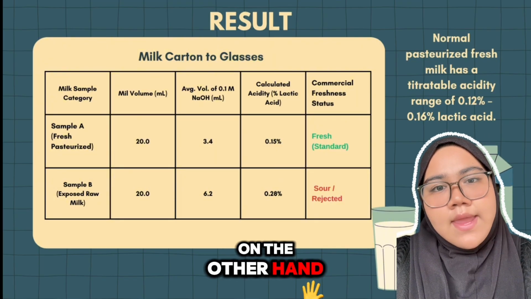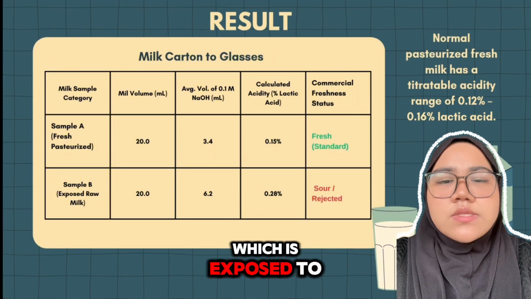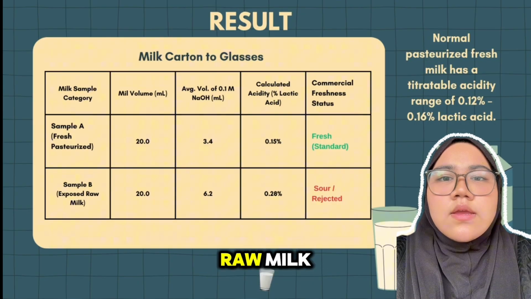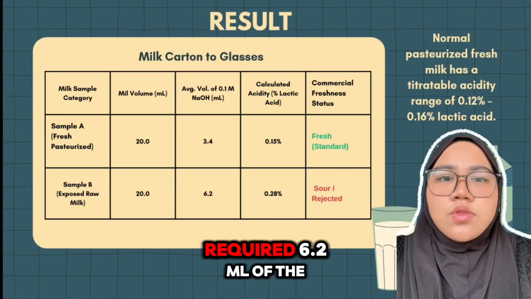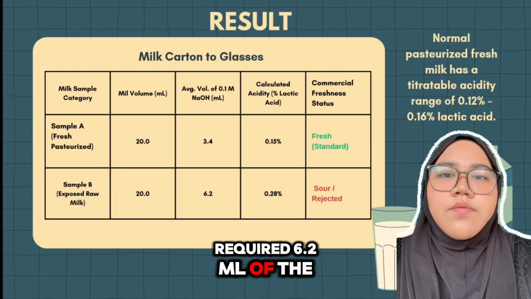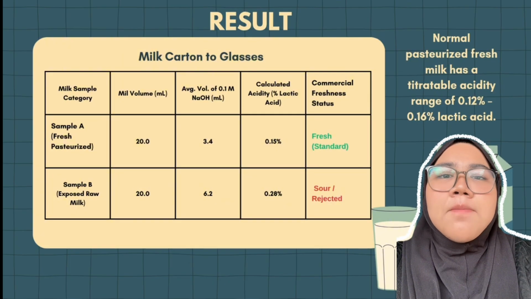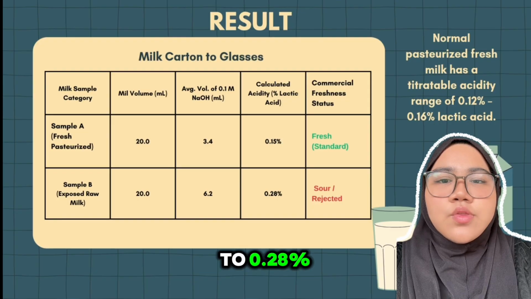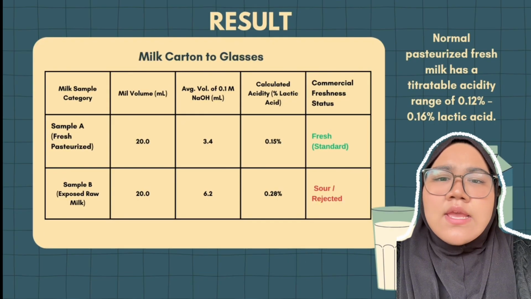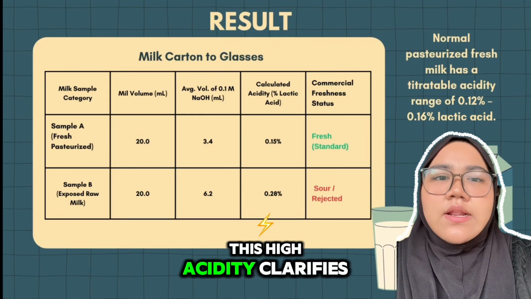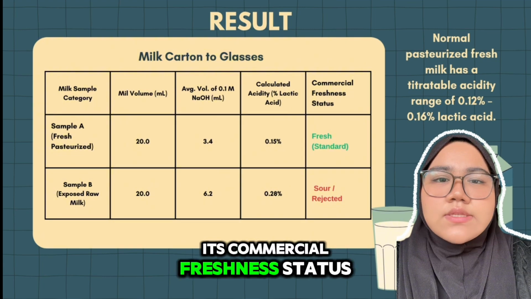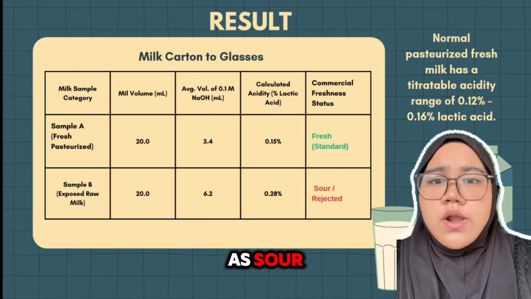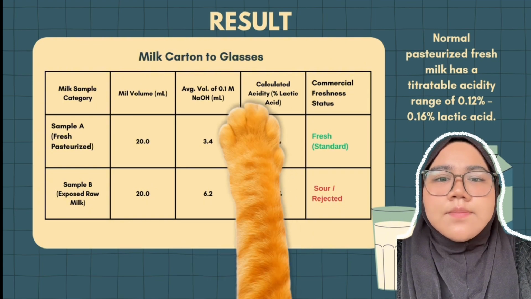On the other hand, sample B, which is exposed raw milk, required 6.2 ml of the sodium hydroxide, bringing its calculated acidity to 0.28%. This high acidity clarifies its commercial freshness status as sour or rejected.